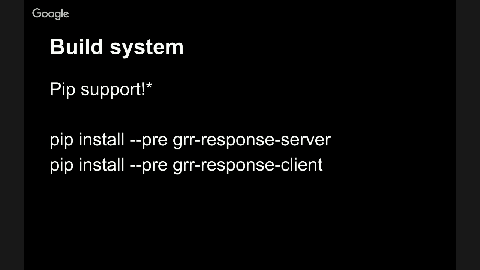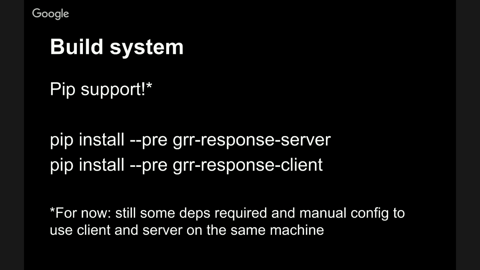For the moment, there are still a few dependencies you need, and if you run both on the same machine, you'll have to do some manual work with your config to make them talk to each other. But this does work right now. It's really cool, and it's also going to simplify a lot of the scripts we had around building and installing GRR. Those haven't quite caught up to this work yet, so we're still doing some work to update those.